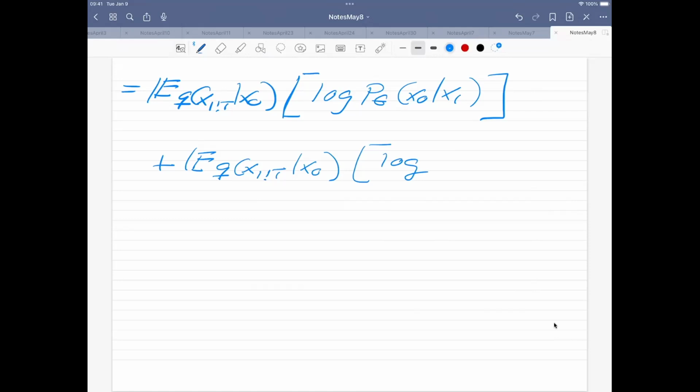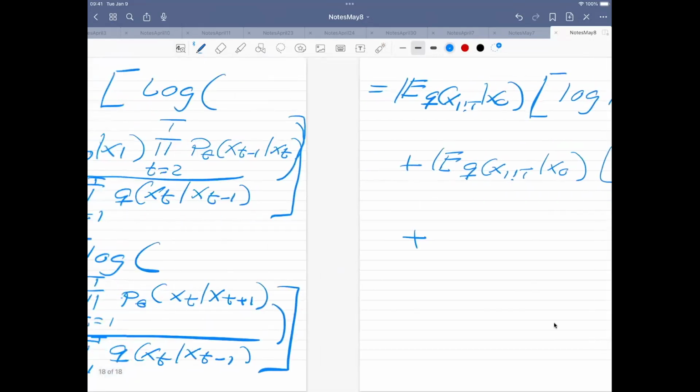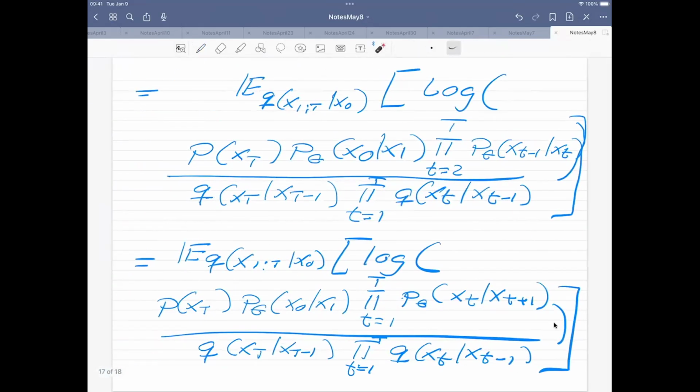Then we have the next term here, which is a p of x of t, and that is normally called a prior. And then we have divided by q of xt given xt minus 1. That's the second term. And then finally, the last term is coming from these two terms here.